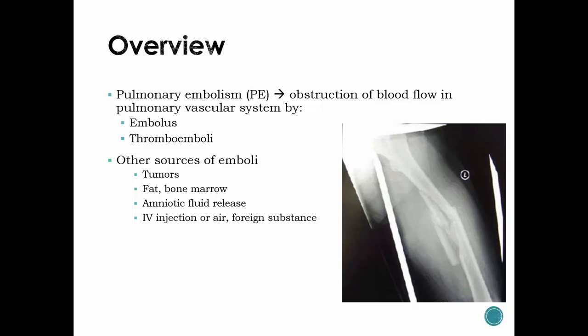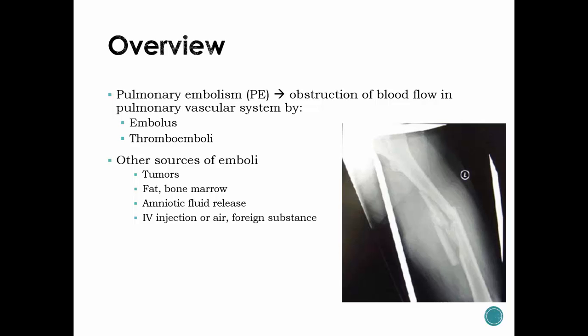Other sources of emboli could come from tumors that had invaded the venous circulation, from fat or bone marrow from fractures or other types of trauma, amniotic fluid release into the circulation during childbirth, or an IV injection of air or other foreign substance.